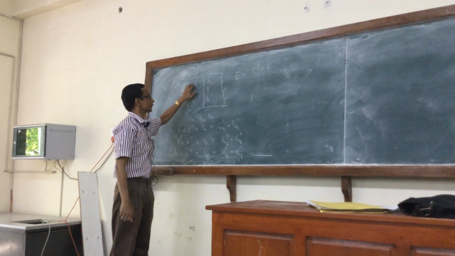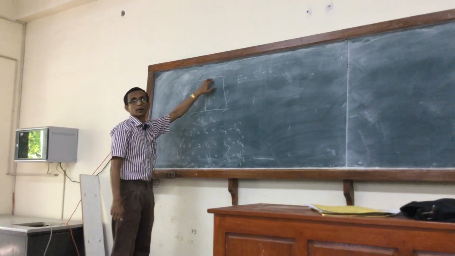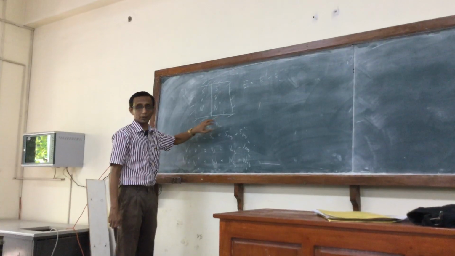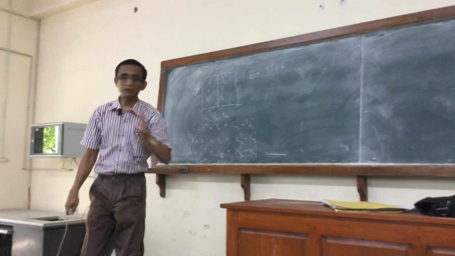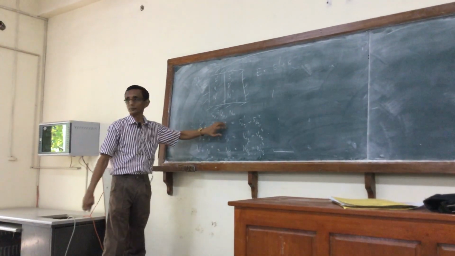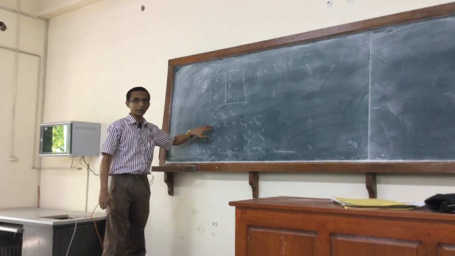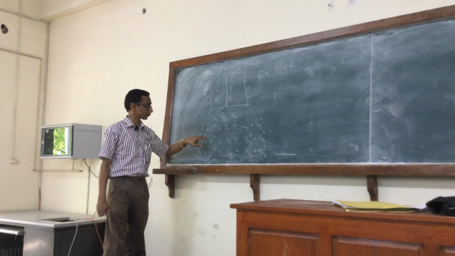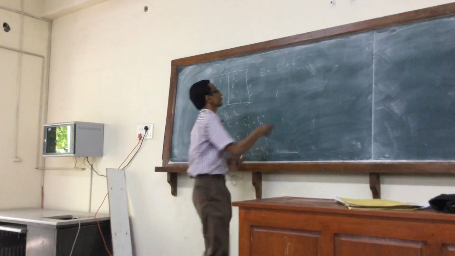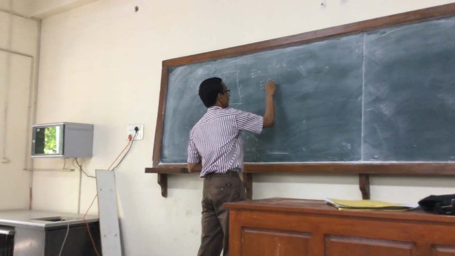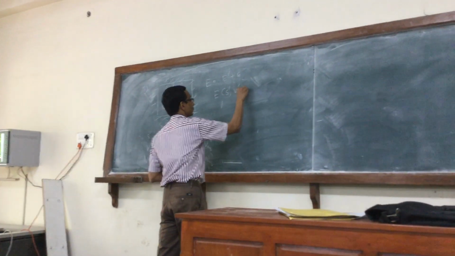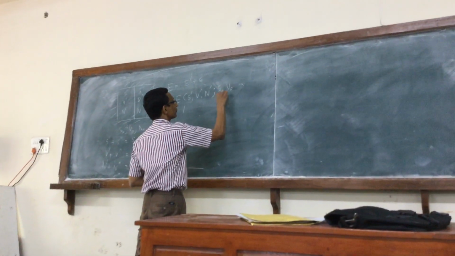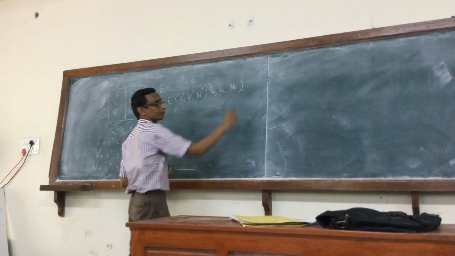E prime depends on S prime, V prime, N prime; E double prime depends on S double prime, V double prime, N double prime. However, because of the constraints, S prime is not independent of S double prime, or rather S double prime is not independent of S prime, and so on. So I can write this as E of S prime, V prime, N prime, just three of the variables, with the constraints appearing as parameters.